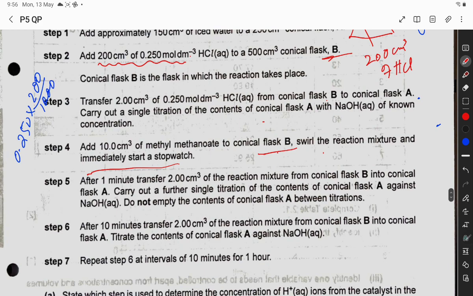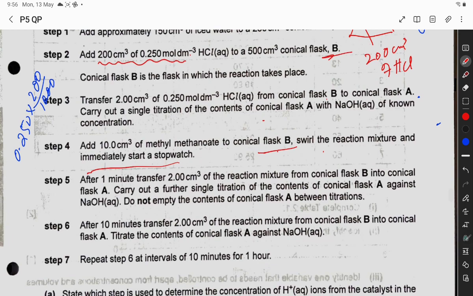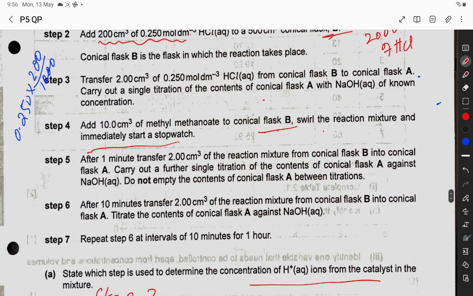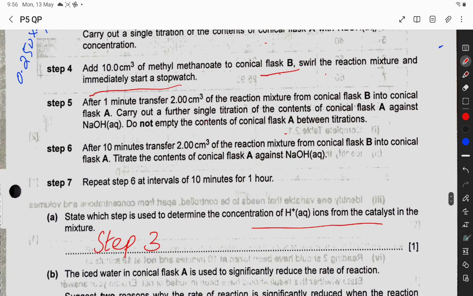Add 10 centimeter cube of methyl methanoate to conical flask B. Swirl the reaction mixture and immediately start a stopwatch. After 1 minute, transfer 2 centimeter cube of the reaction mixture from conical flask B into conical flask A. Carry out a further single titration against sodium hydroxide. Do not empty the contents of conical flask A between titrations.